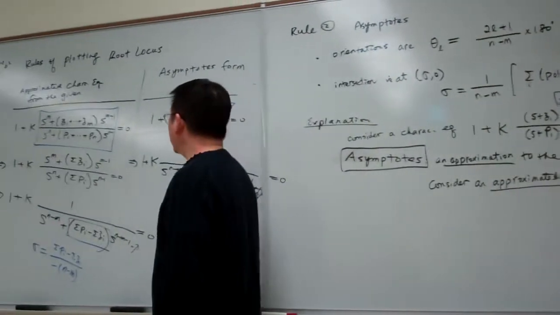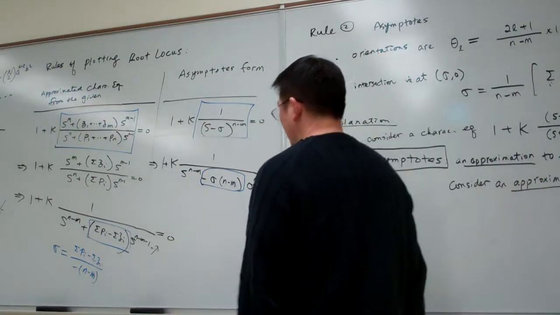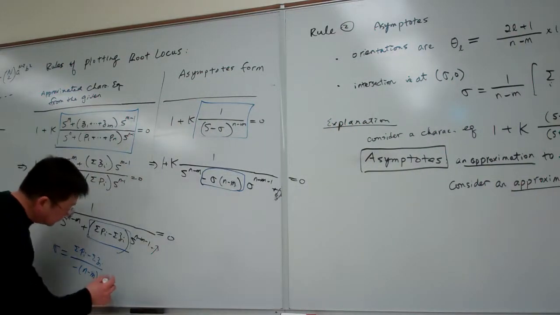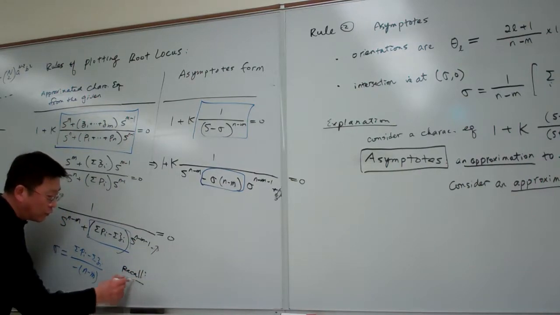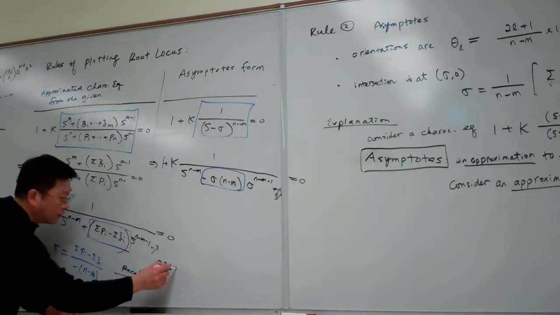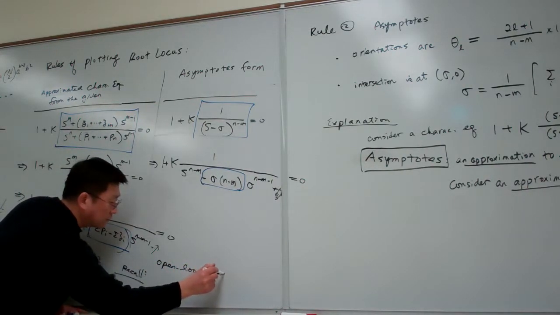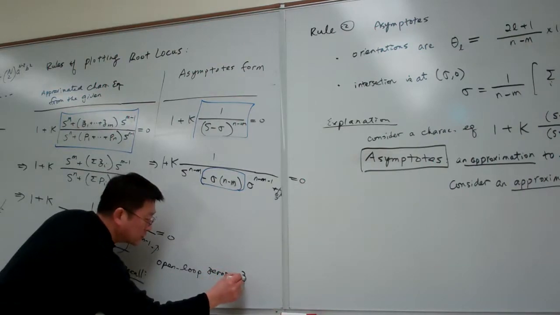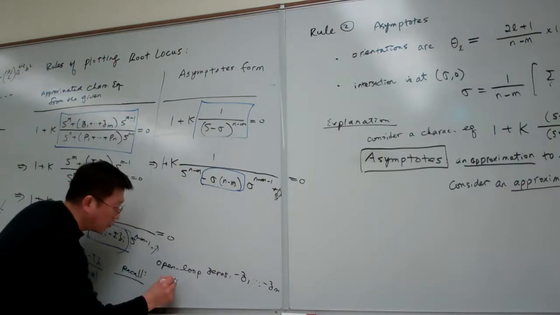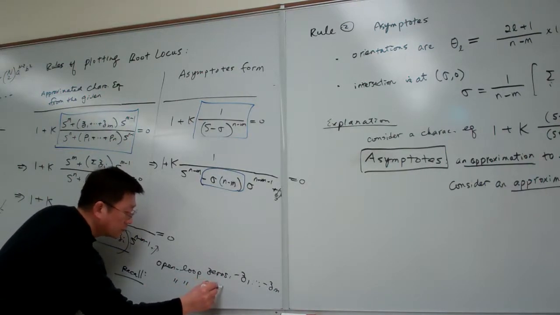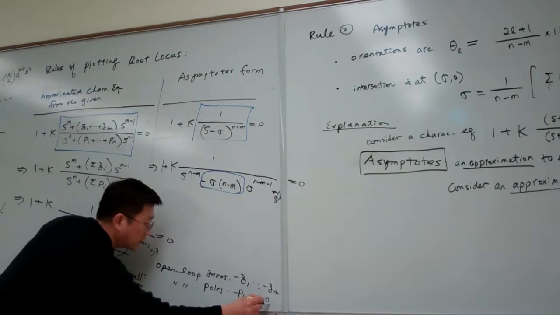And if you remember, for our problems, recall our open loop zeros are minus z1 and minus zm, and our open loop poles are minus p1 and etc. minus pn.